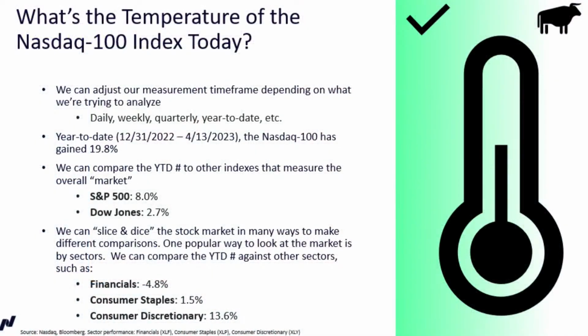That 19.8% is an indicator of the overall market, but also technology and growth. Financials are down almost 5%, consumer staples up 1.5%, and consumer discretionary up 13.6%. Just by comparing, we're able to see that this year we're on a roll. I put a little bull in the top right corner when there's positive sentiment and things are going up. We stay bullish.